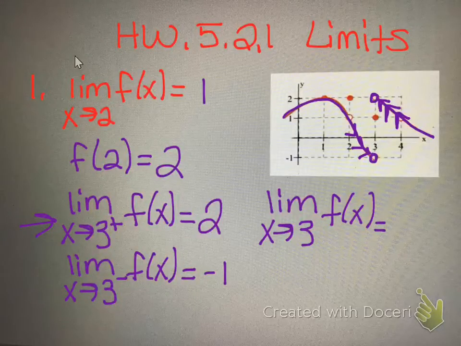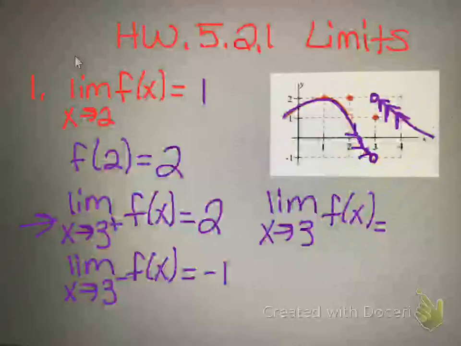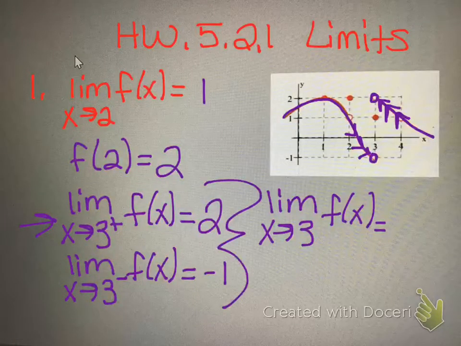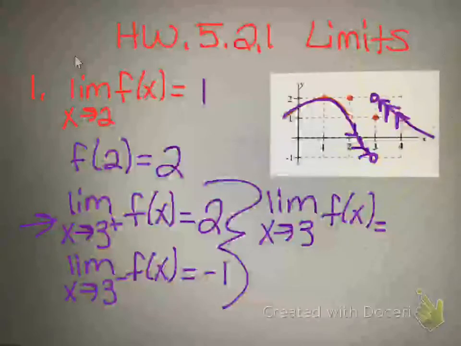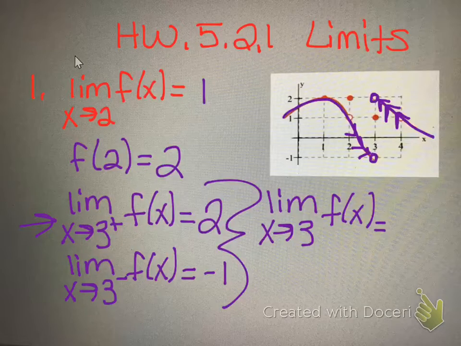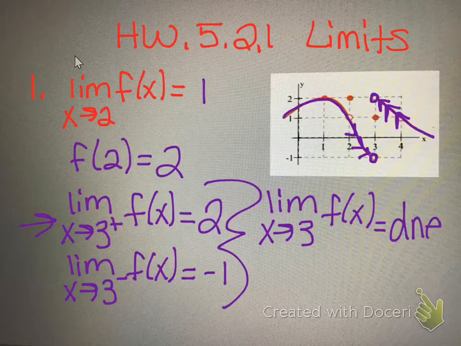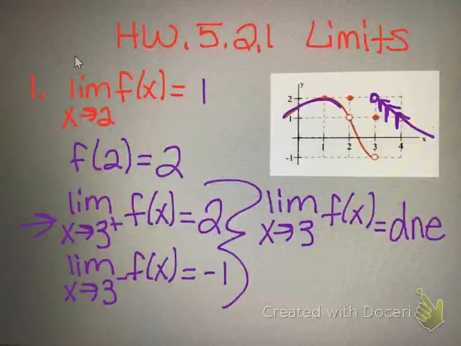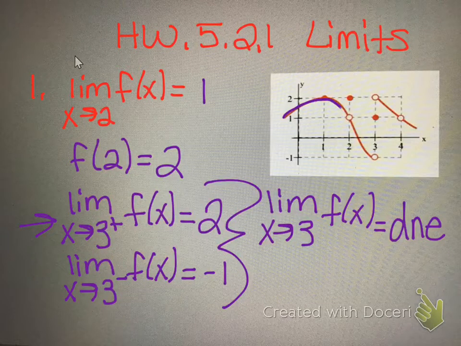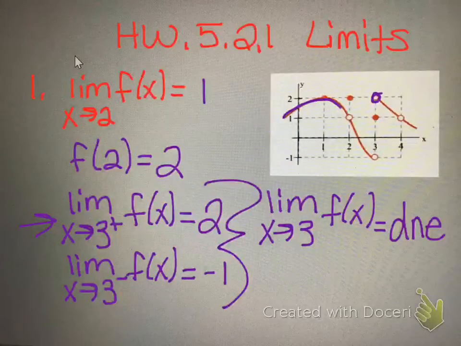And your answer literally is, well, it depends on what direction you come from. Since these two answers don't agree, and you approach a different y value depending on which direction you are coming from, the limit does not exist. And it doesn't matter that on both sections of this graph, you were approaching a hole.